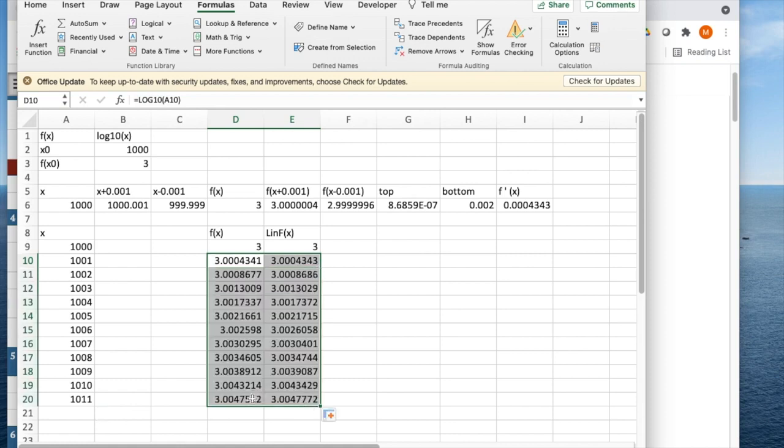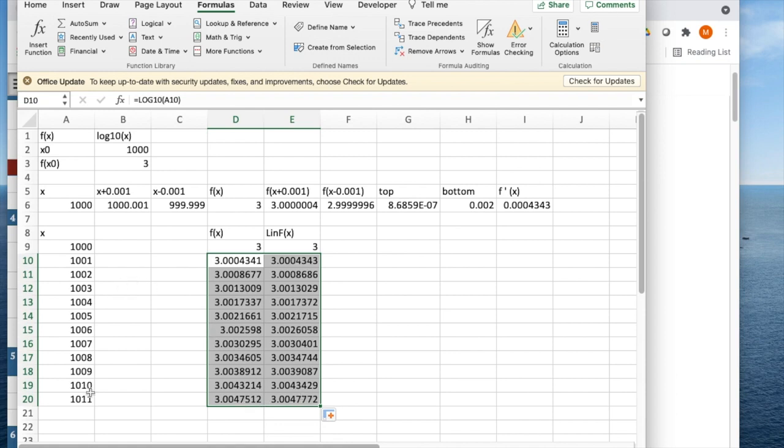And we'll see this is one of those functions that the difference between the actual value and the linear approximation is not that much. And so once we have the first point, rather than checking my common log function, I'm simply going to use the linear approximation, and that's giving me a value that's close enough.